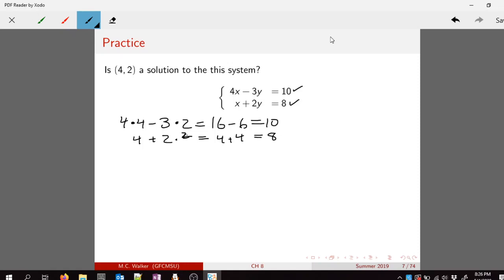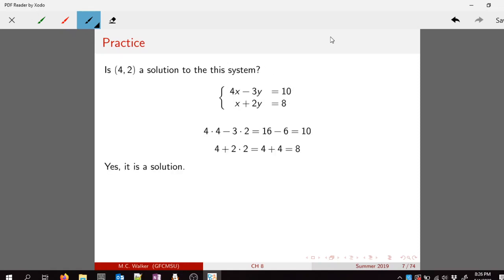This is true. So is it a solution? Yes, it is. Again, we substitute. We see if the statements are true. And in this case, it is a solution.